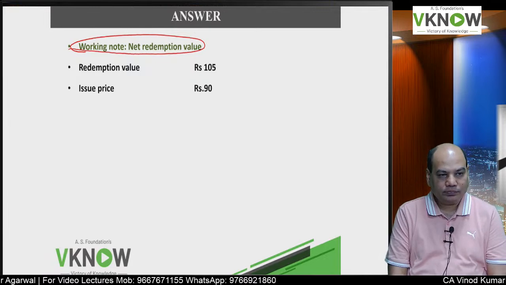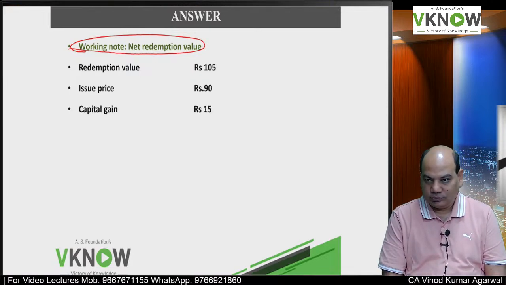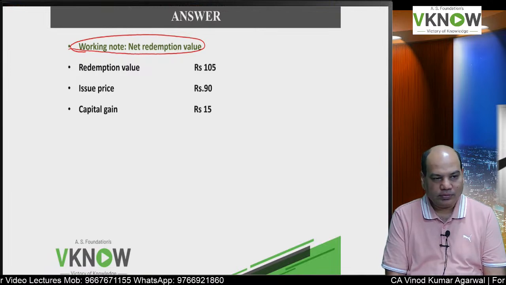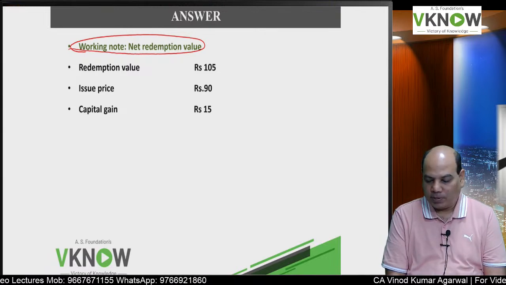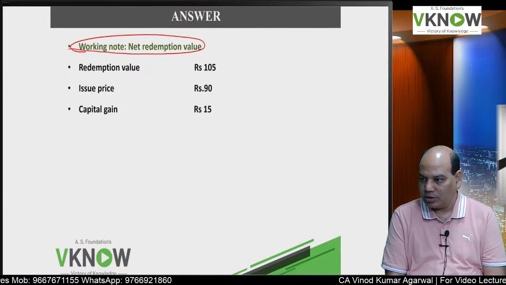Issue price is 90. Capital gain is 15. Correct? No indexation.